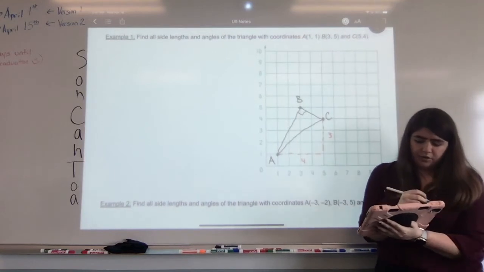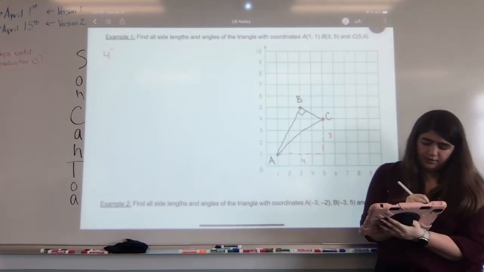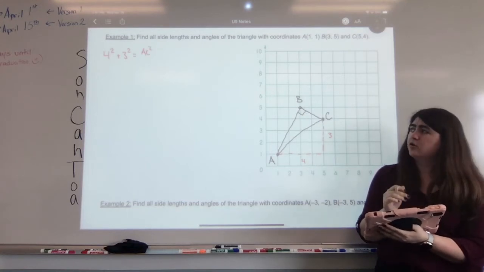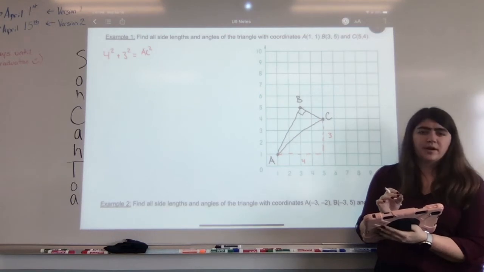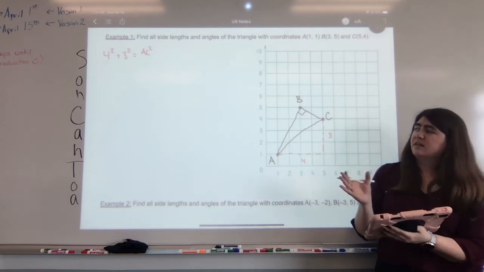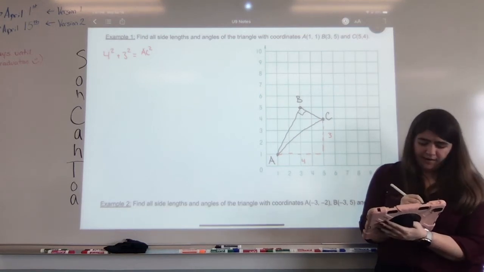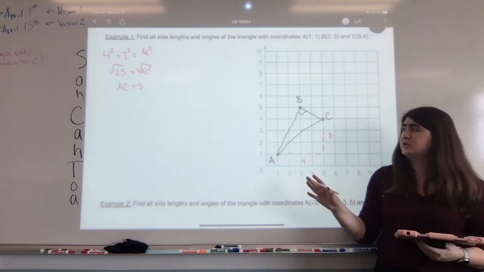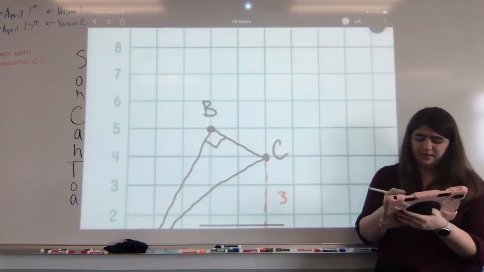So I have 4 squared plus 3 squared is equal to AC squared. 4 squared is 16, 3 squared is 9, 16 plus 9 is 25, so I have 25 is equal to AC squared. We're going to take the square root of both of those sides, which means that AC is equal to 5.